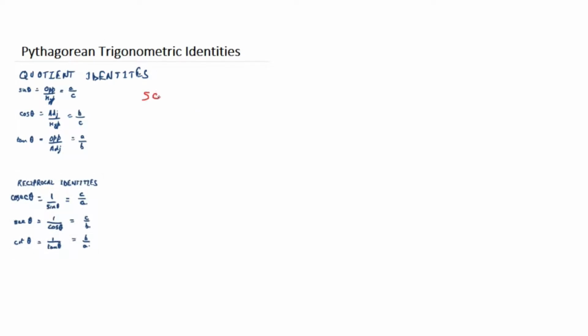And then we have the square identities. For the square identities, I would again need a right angle triangle, so let me start by making one. That's the perpendicular, this is the base, and this is the hypotenuse.